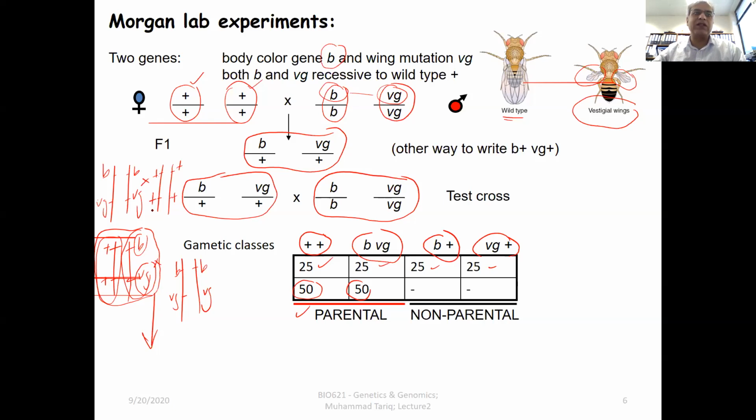This plus plus is actually coming from this parent, and this black vestigial is coming from this parent, and it should remain 50-50, and no non-parental should be obtained. But what they discovered was that these parentals were quite big in number, 1:1 ratio, and the non-parentals were also 1:1 ratio, but in very few numbers, neither 25% each nor absolutely absent.